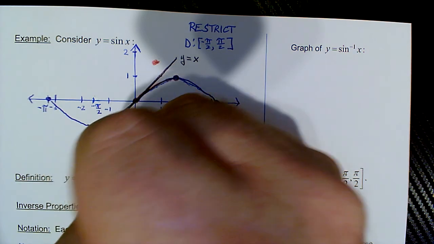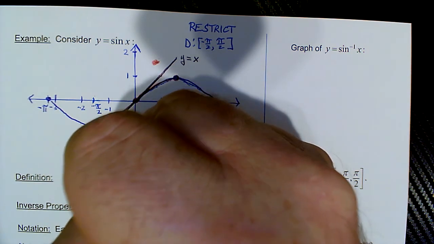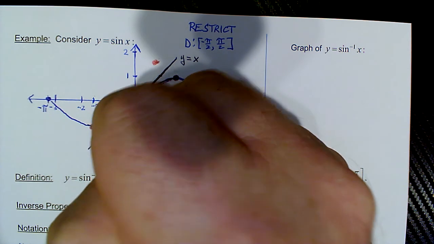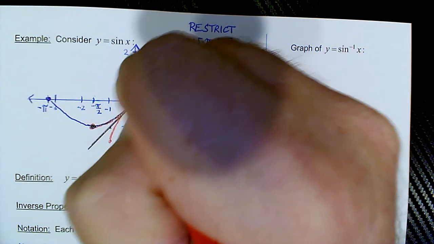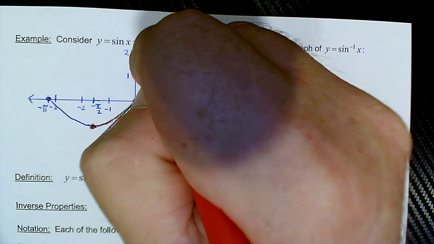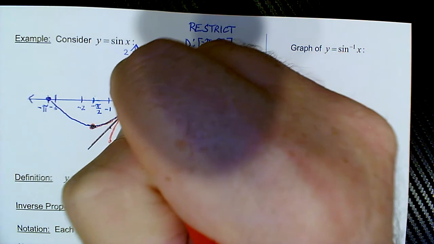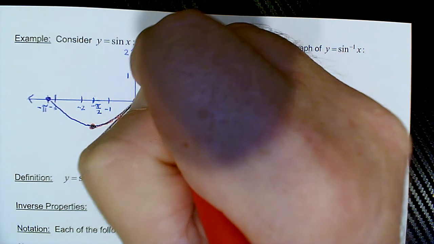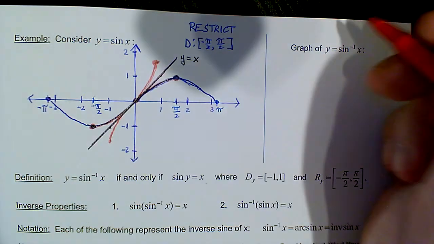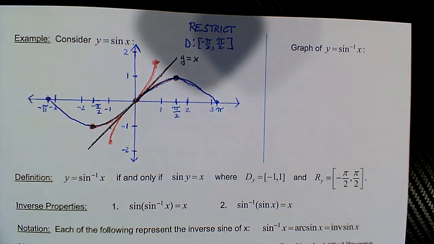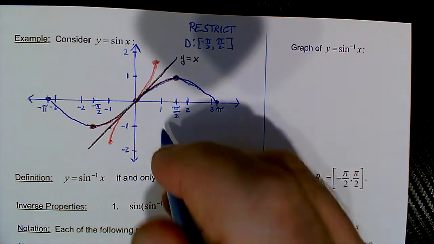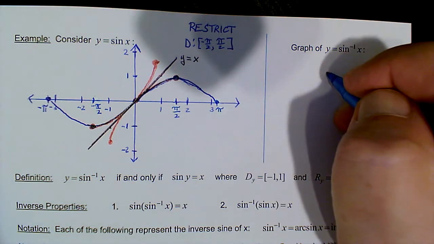And then if you reflect in the line y equaling x, that's the graph of the inverse sine, so what's in red there. So that's how we generate it.